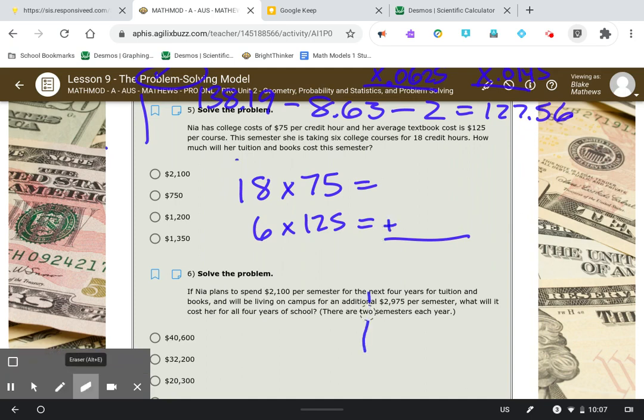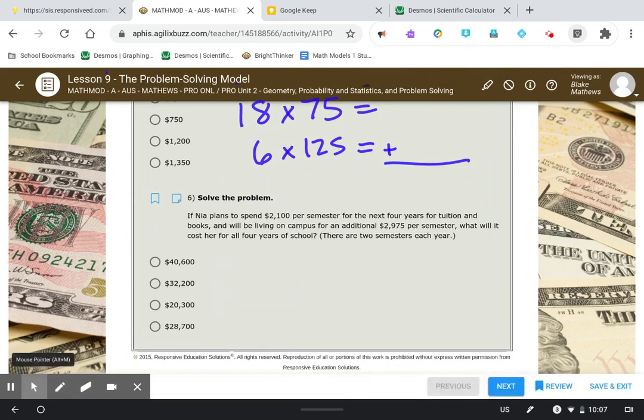Then it says Nia plans on spending $2,100 per semester for the next 4 years for tuition and books, and will be living on campus for an additional $2,975 per semester. What will it cost her for all 4 years? So we need to add first $2,100 plus $2,975. Get that answer.